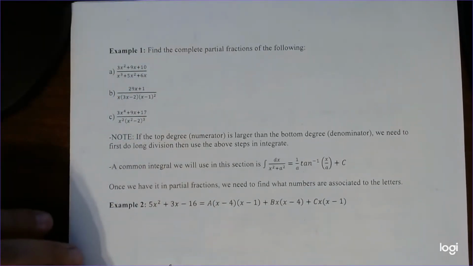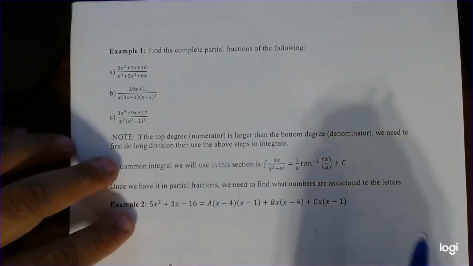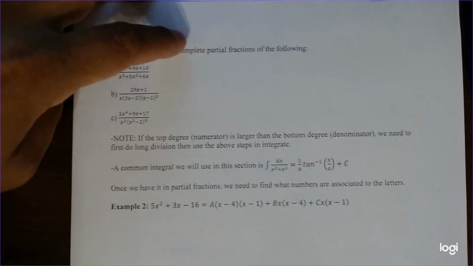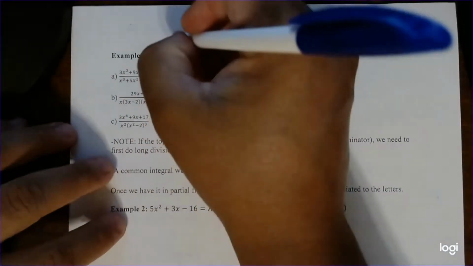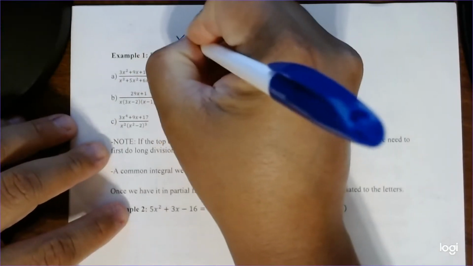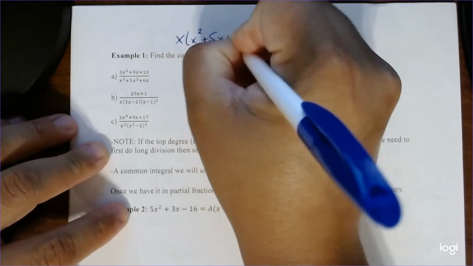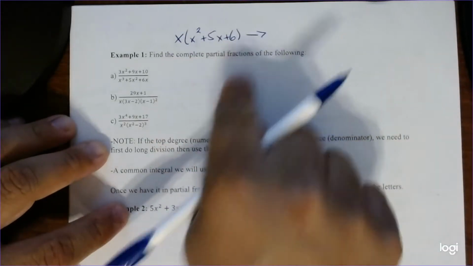For this case, we're going to do a simple example so you can see how this comes into play. What I mean by factor completely is, let's suppose we simply want to factor this.